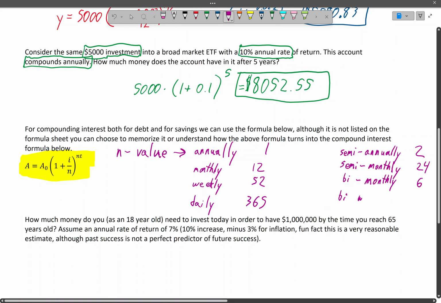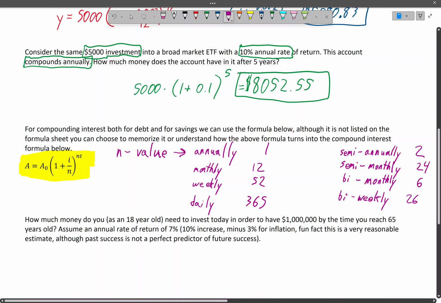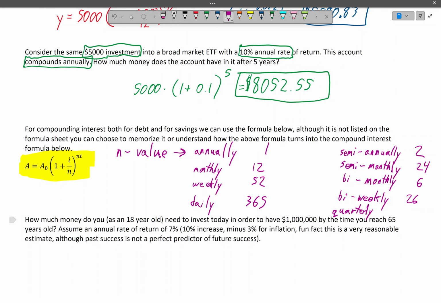There's bi-weekly, which means that it happens every 2 weeks, which is 26 times per year. And one more that I want to say, there is quarterly, which happens 4 times per year.